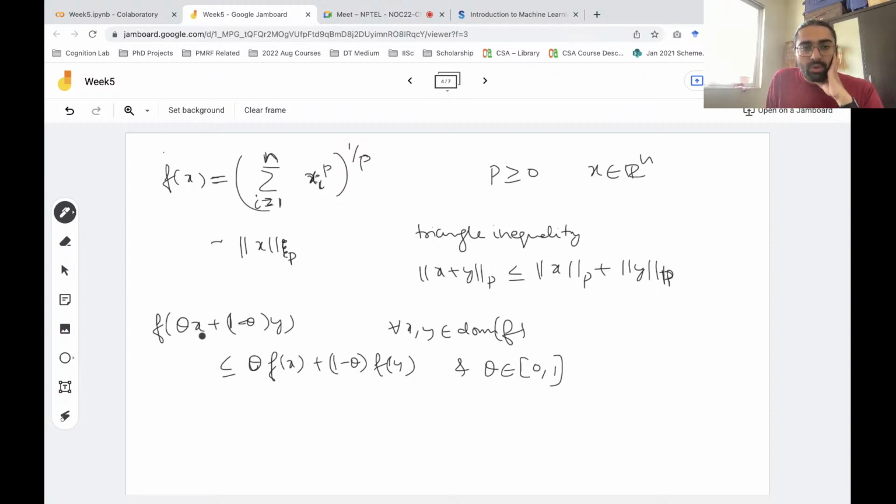If you just put these values here, you'll be able to see that this thing holds true.